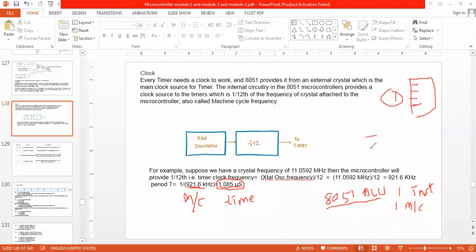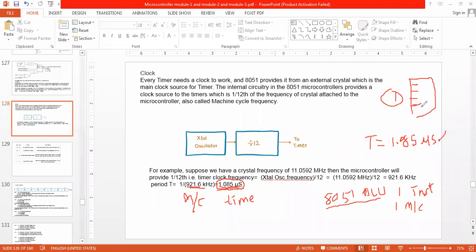Total T is equal to what? One machine cycle is 1.085 microseconds, correct?